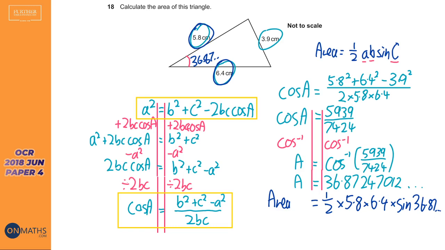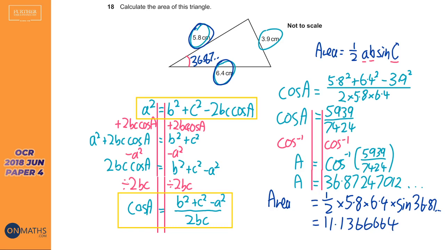So sine answer, and then I type in times 6.4 times 5.8 times a half, or just 0.5. And that gives me 11.136666. How many sixes? 4 sixes and a 4.